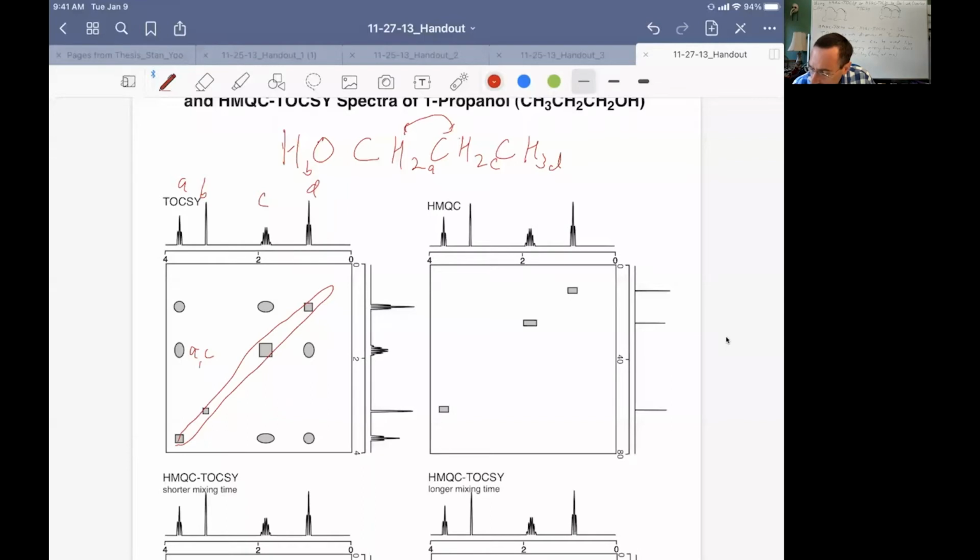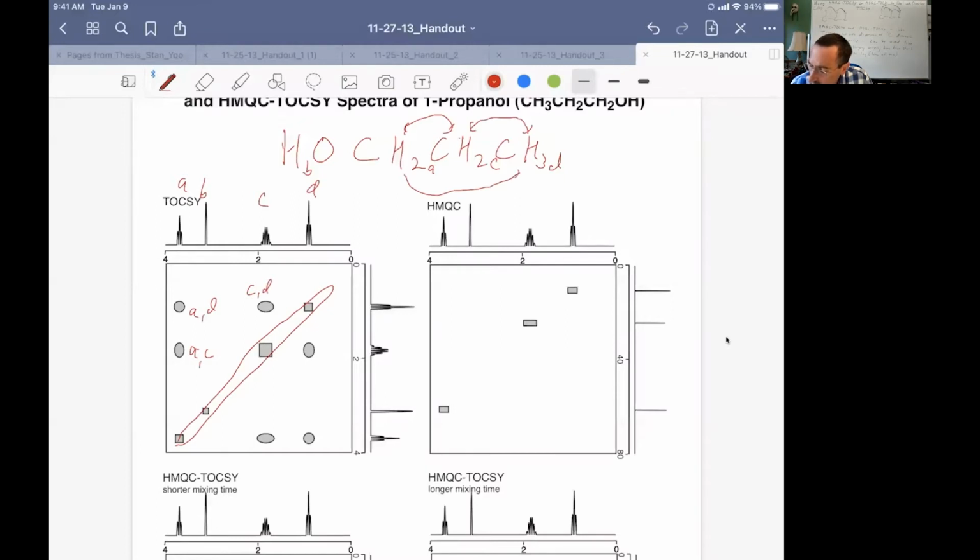And C crosses with D, and that's a COSY-like cross peak, just a 3-bond coupling. But then we also have this cross peak associated with TOCSY, which is A crossing with D. And so that's this cross peak.